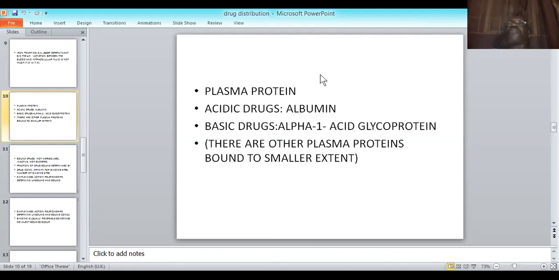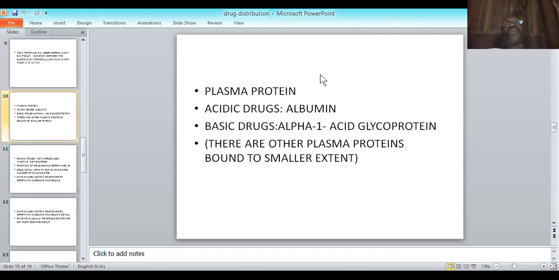Also, the drug bound to plasma protein cannot be metabolized. So from time to time, some of the bound drugs become unbound and are metabolized. Also, the drug bound to plasma protein cannot be excreted.